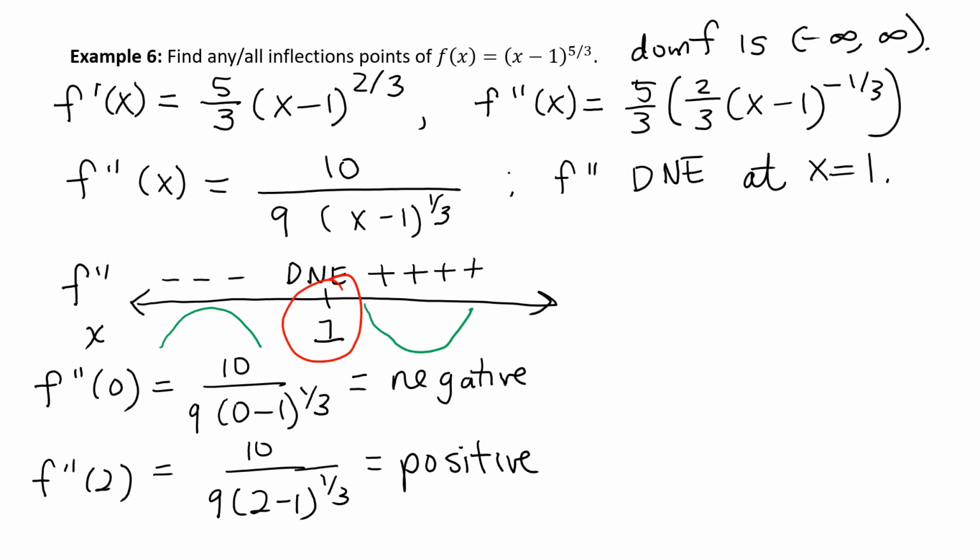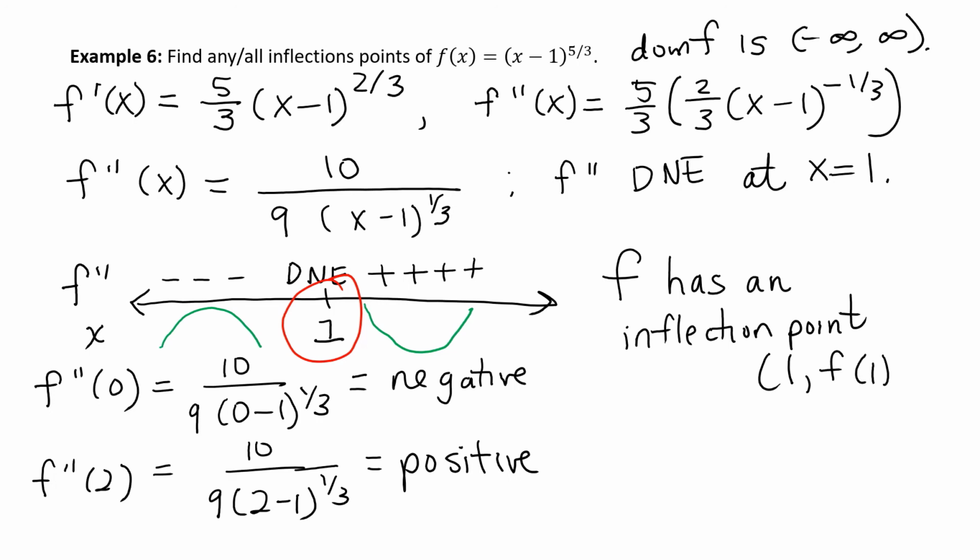So the answer here is f, the function, not the derivative, not the second derivative, but the function f has an inflection point, and that ordered pair would be 1, and f evaluated at 1.